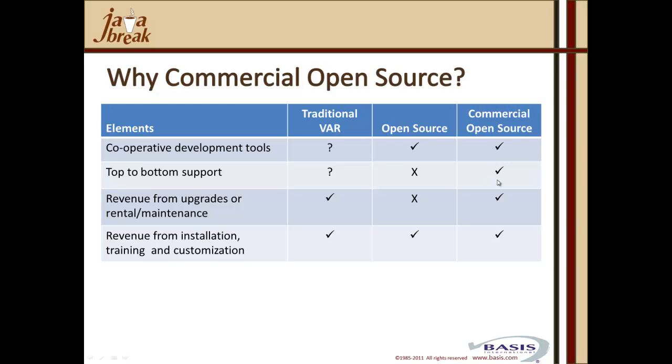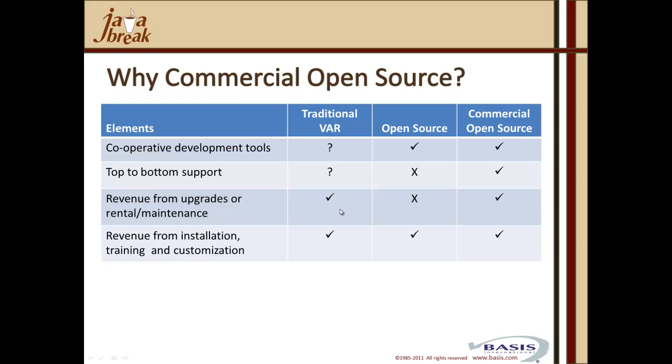Both access to third-party Java libraries, we integrate those into our solution in the form of utility building blocks from Basis, as well as the Basis development tools right down to the language. So leveraging that access to the development team that makes the core product makes the top to bottom support a lot more sustainable and powerful than alternative sources.